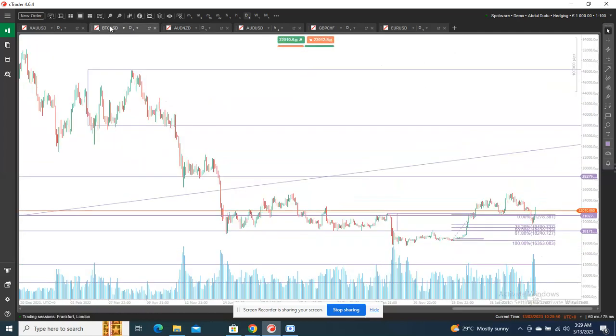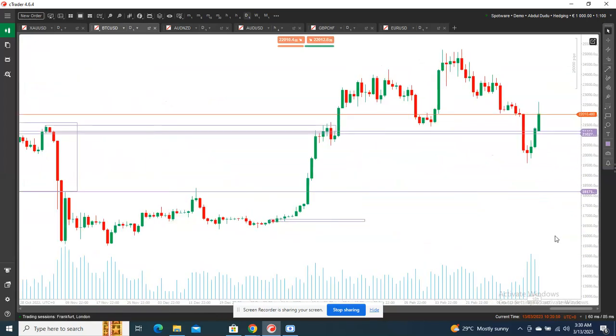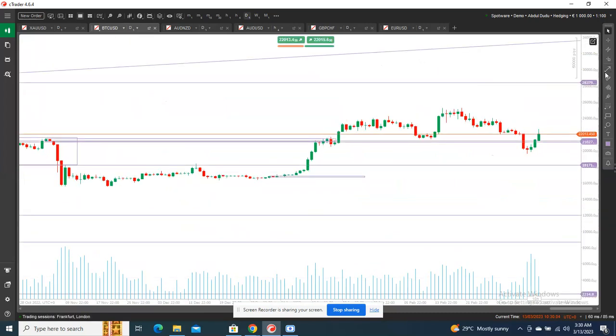On Bitcoin, so this is Bitcoin. Bitcoin is not ready to buy at all, with the level of resistance here around 25k.